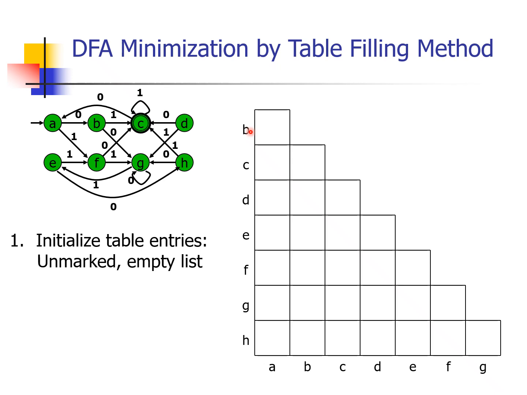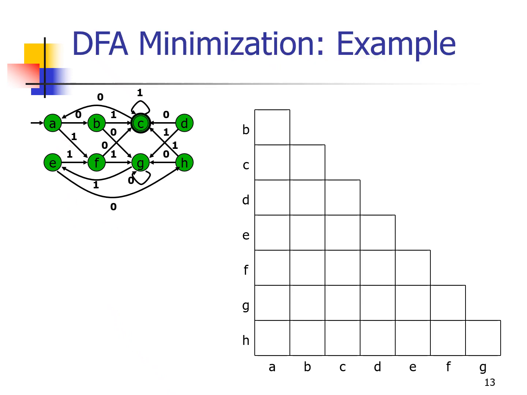So you start with B, C, D, E, F, G, H. Once the table is ready, the next step is to make the pairs of states. Before marking the pairs of final and non-final states, you have to prepare the pairs of states here.